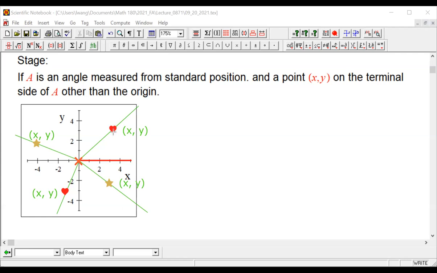For this first point, in the first quadrant, what is x? What is y? I want you guys to draw the picture with me, okay? Everybody. What is x? What is y? For this point, input, output, that's right. But how do you measure them?